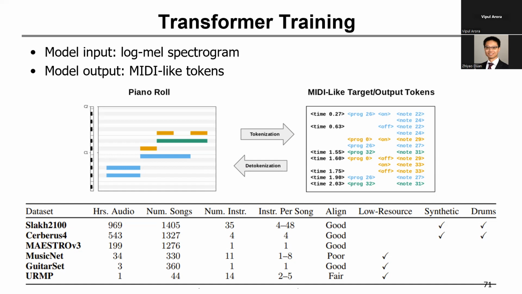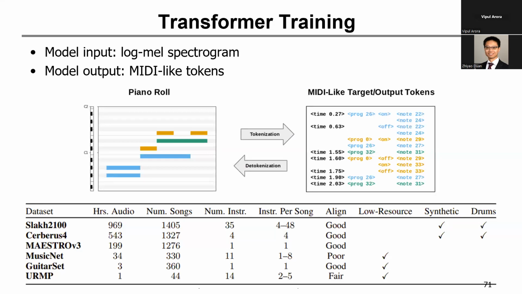Note 22 is a pitch 22, and also note 24. They are on, and at time 0.63, these 2 notes will be off. And then you have another note on, but this is a different instrument, the yellow instrument here. It's note 29. So they convert MIDI files into these natural language tokens.